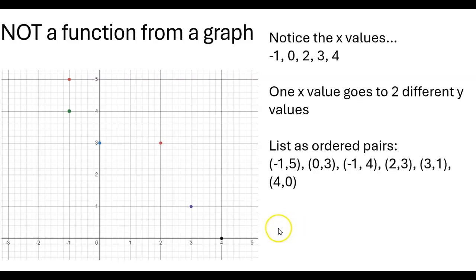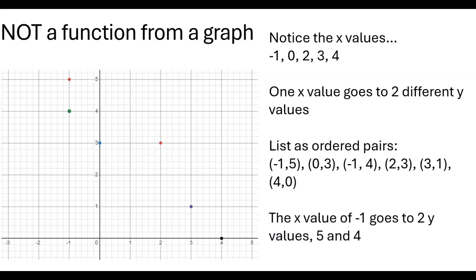I've got (-1, 5), (0, 3), (-1, 4), (2, 3), (3, 1), and (4, 0). So we can see that the x value of -1 goes to two y values, more specifically, the y value of 5 and the y value of 4. Since we have an x value that goes to two y values, this is not a function.